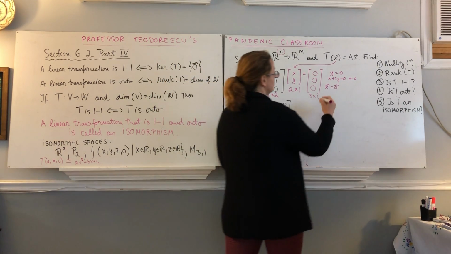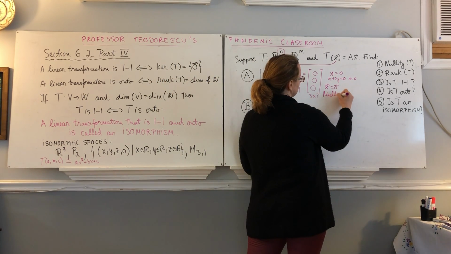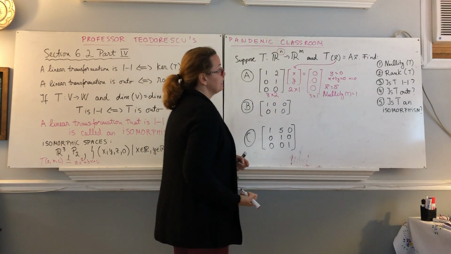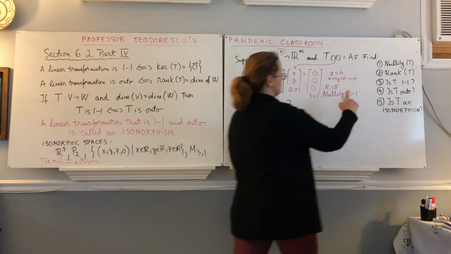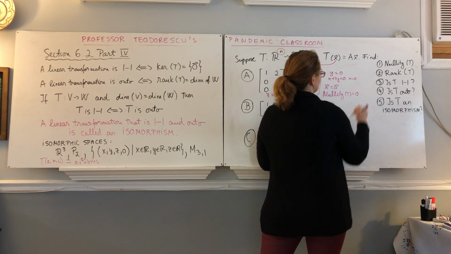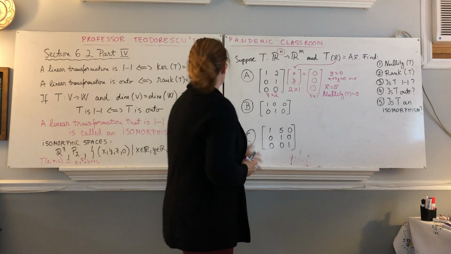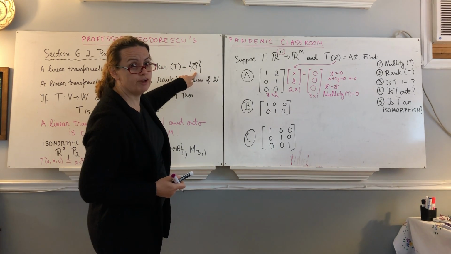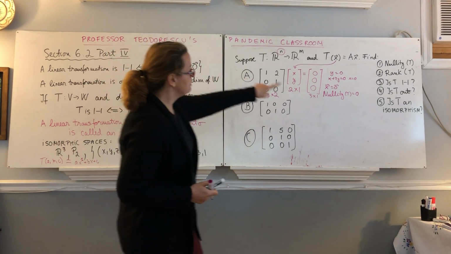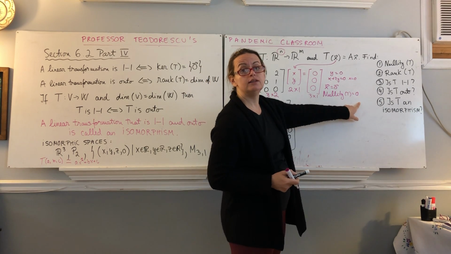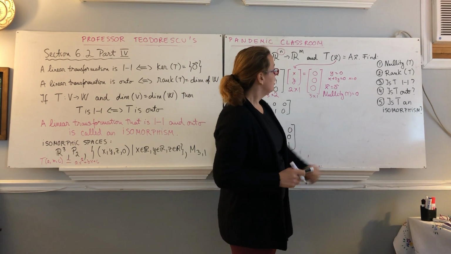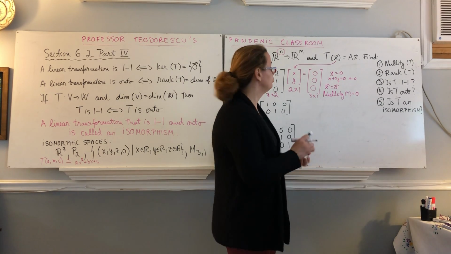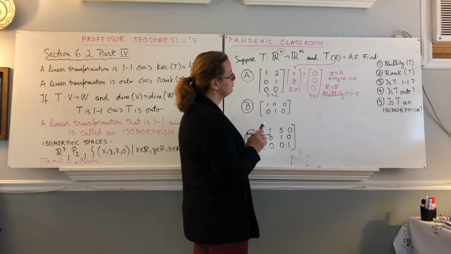And so the nullity of T is equal to 0. The kernel of T only contains the 0 vector. That's the same as saying the nullity is equal to 0. If the nullity was 1, you'd have one parameter here in the solution, but you don't need any parameters.